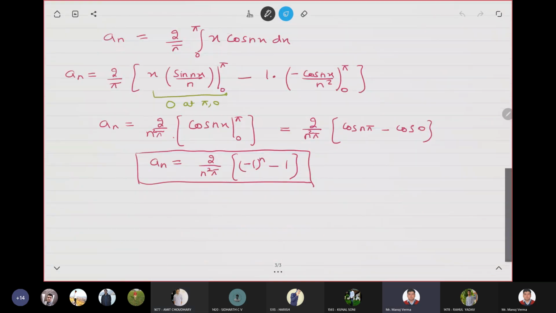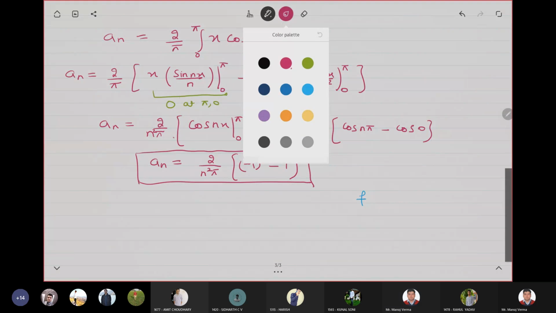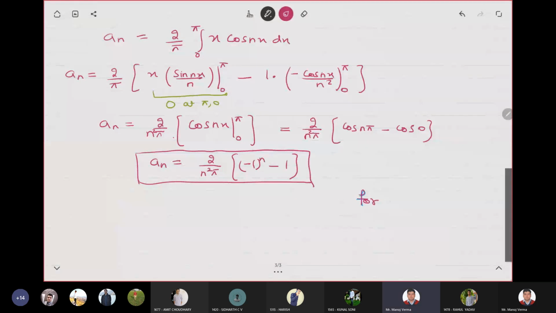Case clear, sir. ओके. So if I insert for further simplifying this value of an, I can see from this expression for odd n, क्या होगा? an का वैल्यू हो जाएगा, it will become -2. -1 raised to the power odd will be equal to -1. -2 into 2 will be -4. -4 by n square pi.